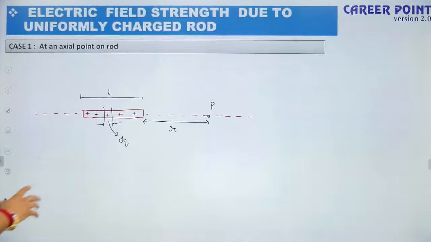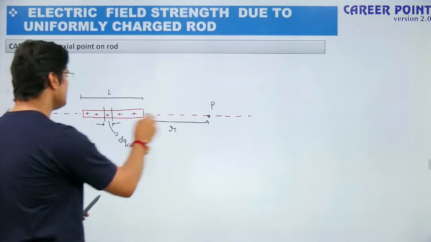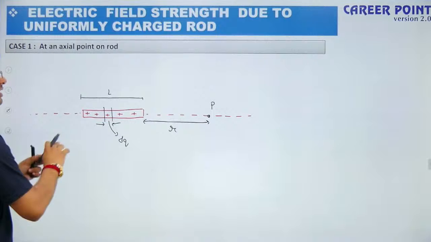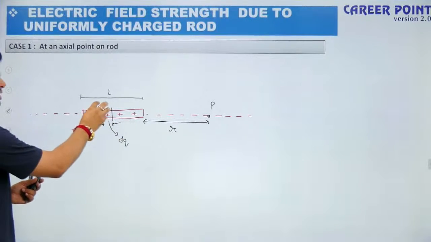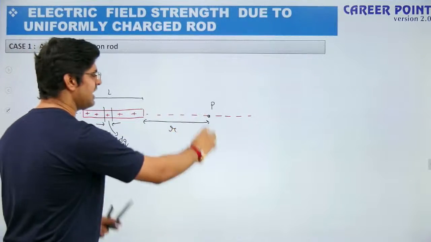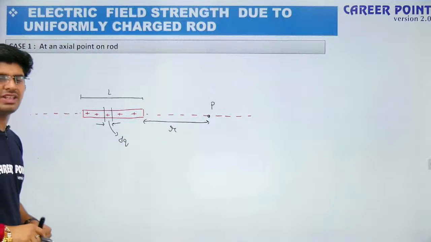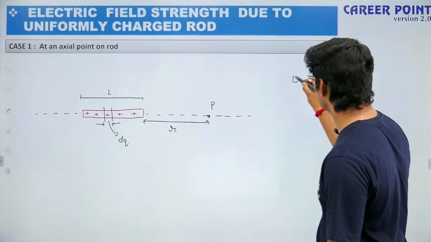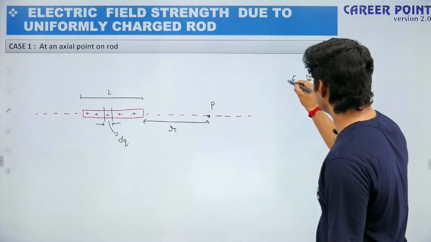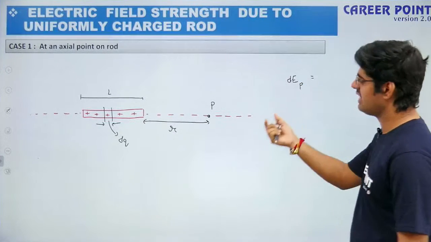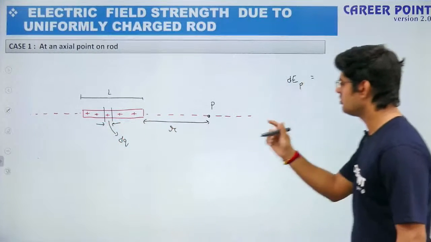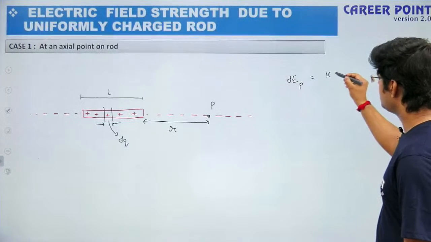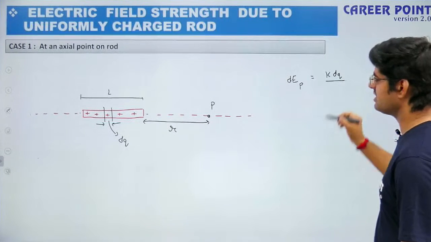Now if I have to find electric field at point P due to the whole rod, firstly I am finding electric field due to this particular element at point P. So what we are supposed to write? Electric field at point P, dEP, is equal to, because of this small element, K dq divided by distance square.